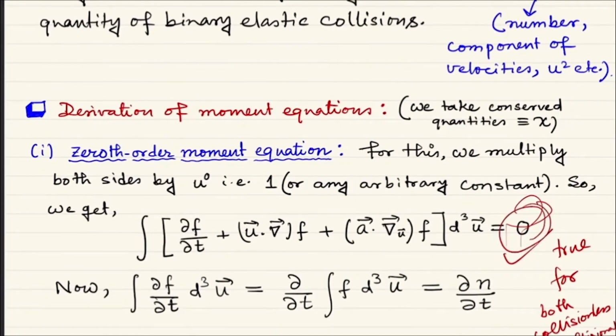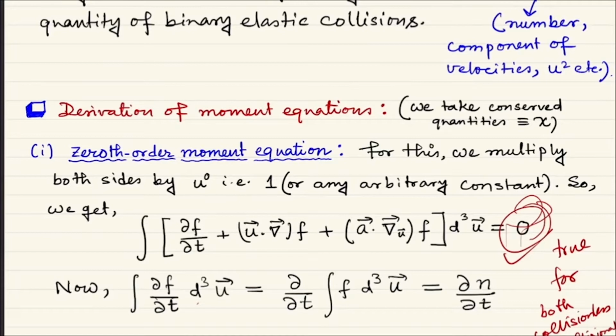Now we try to evaluate term by term. The first term is the integration of del f del t d cube u, and this is really important throughout the course to understand how these reductions happen. Del t is the explicit partial time derivative, so it is activated when the function has an explicit time dependence.